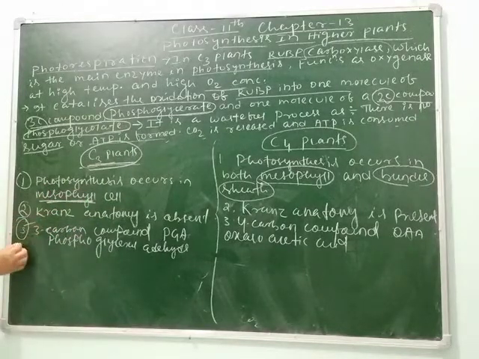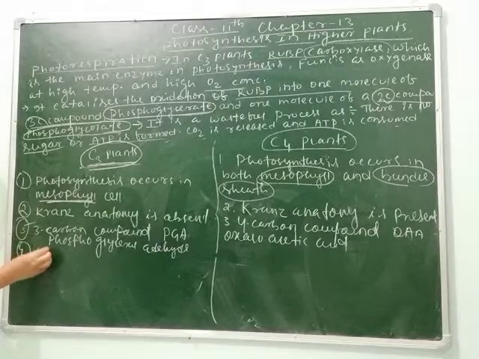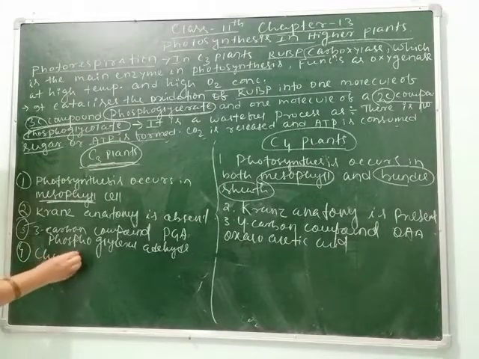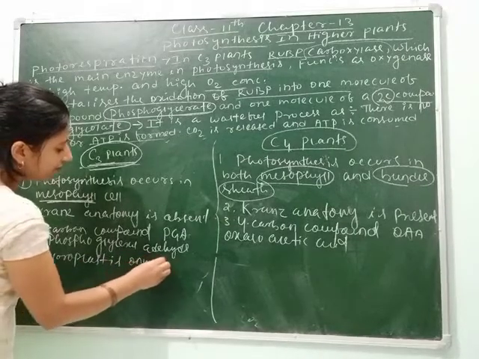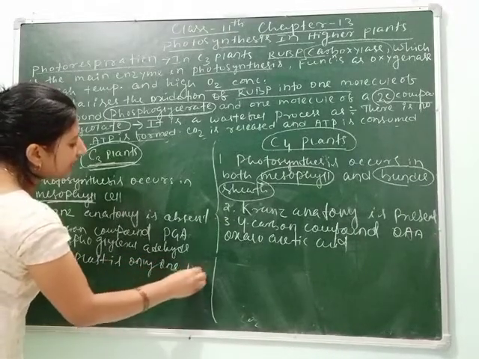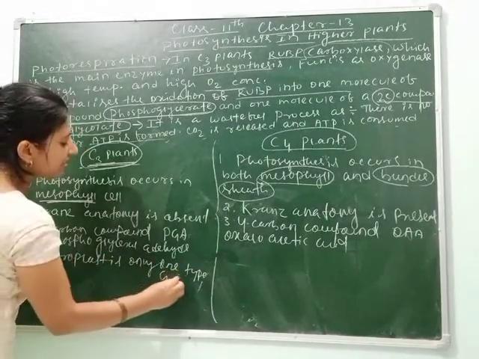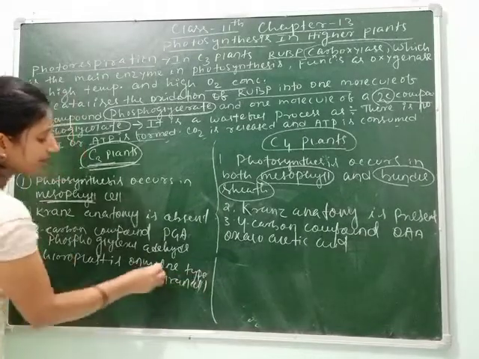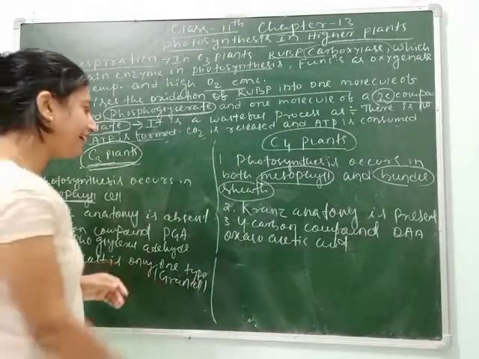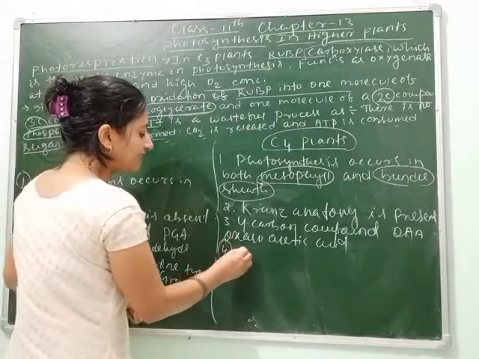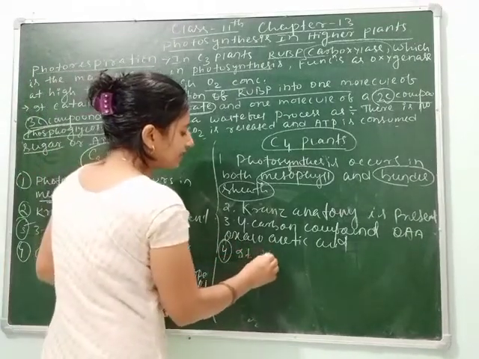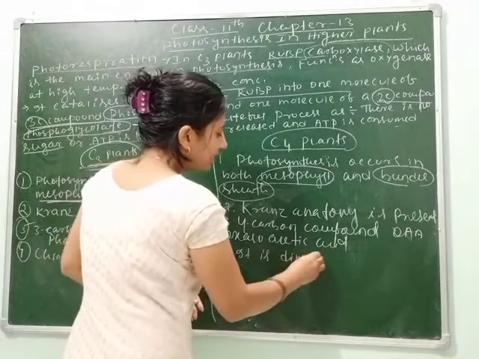Here chloroplasts are of only one type. In case of C3 plants, chloroplast is of only one type, that is granal. I also explained this: what is granal and agranal? But in C4 plants, it is dimorphic.